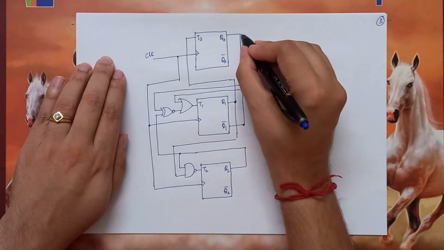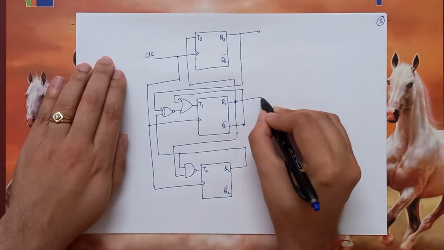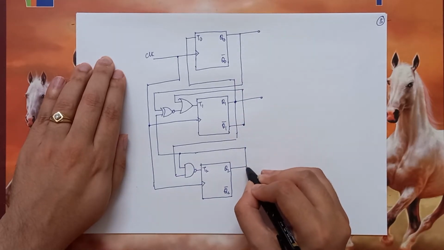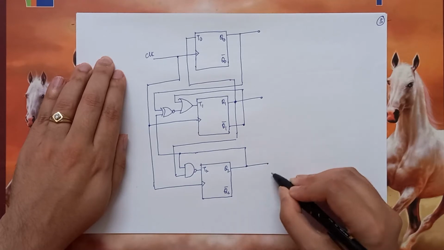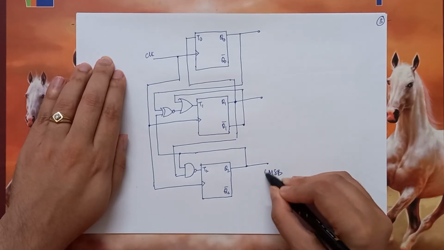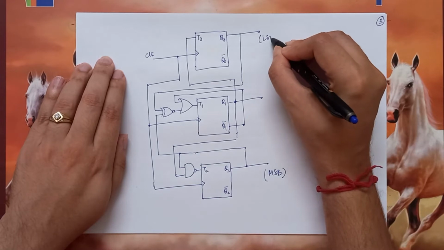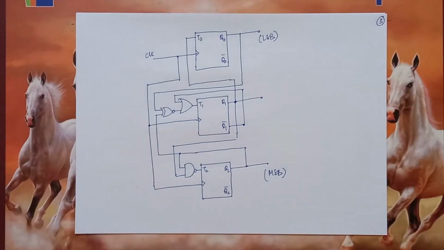And obviously the outputs are these three. This is the MSB and this is the LSB. This is what this arbitrary counting sequence circuit would look like.